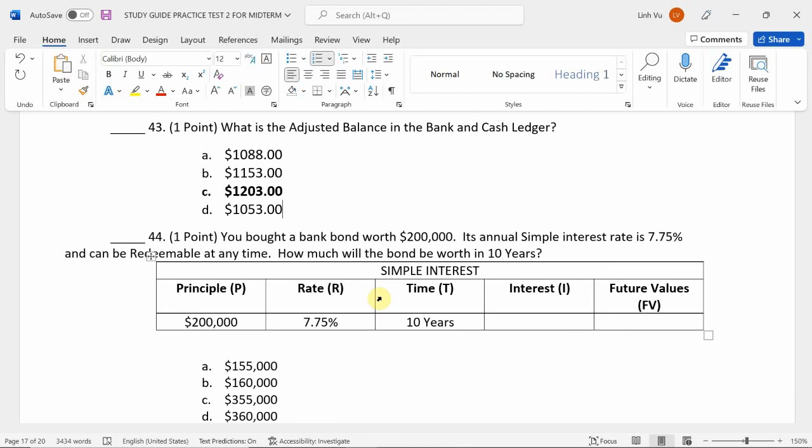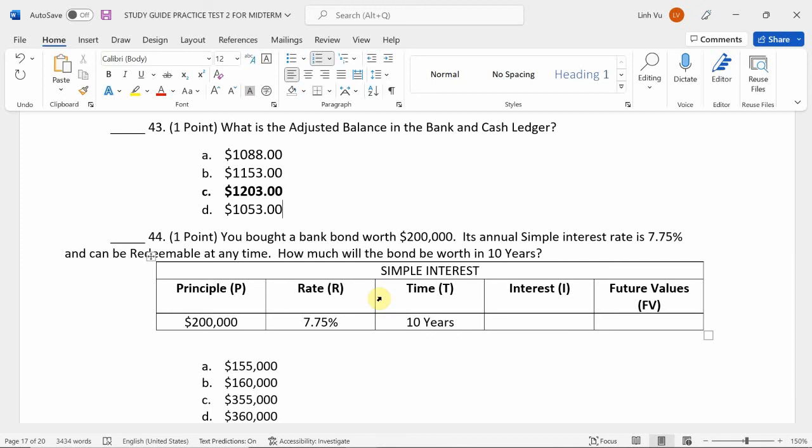So this one is your simple interest question here, but what is this question asking? Is it asking for how much interest I have, or is it asking for future value? It says how much will the bond be worth in 10 years. So therefore, it's looking for future value.